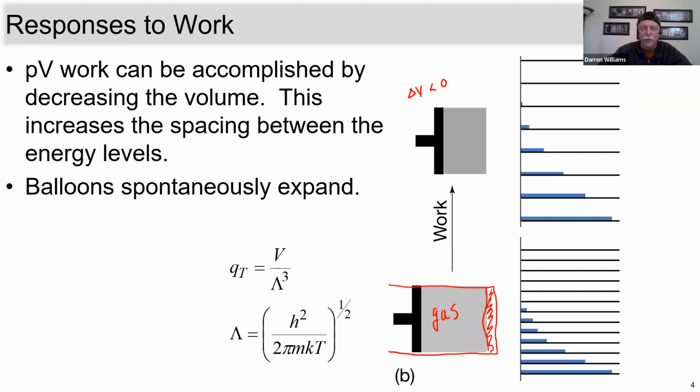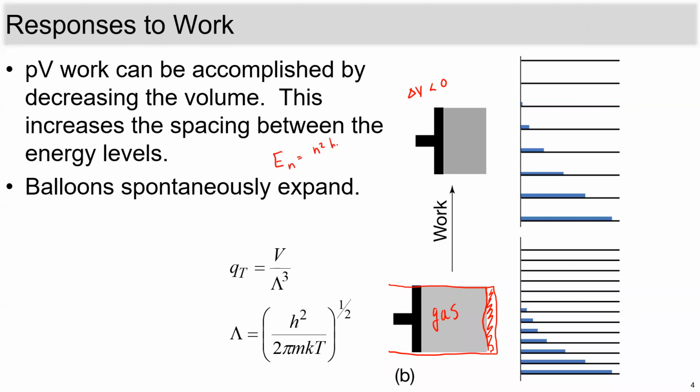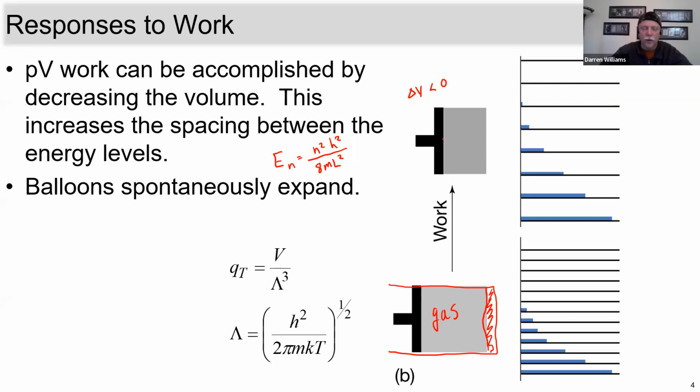We have the size of the system in almost all of our energy equations. Let's think of a particle in a box. This is in one dimension, volume is in three dimensions, but notice that the volume is in the denominator. So when we shrink the box, the denominator gets smaller, and each of those individual energy levels gets farther apart, so this gap increases.